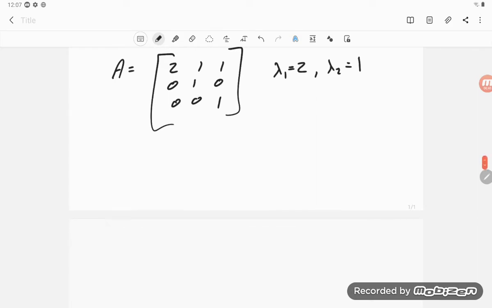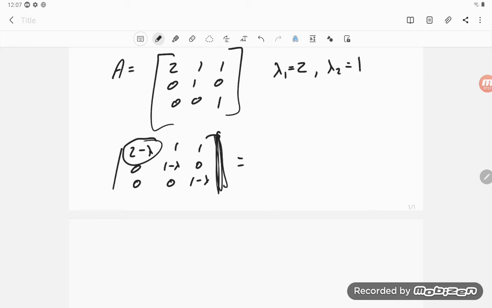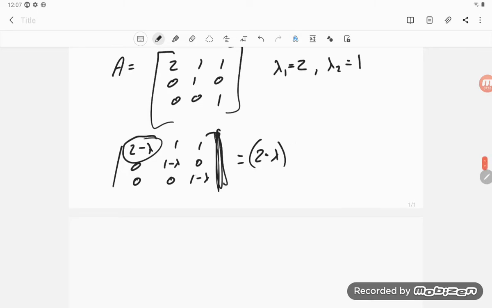And we'll see that when I take the determinant, 2 minus lambda, 1, 1, 0, 1 minus lambda, 0, 0, 0, 1 minus lambda, then notice you'll get the 2 minus lambda times the other diagonal elements, because I'll have the 1 minus lambda times the 1 minus lambda.